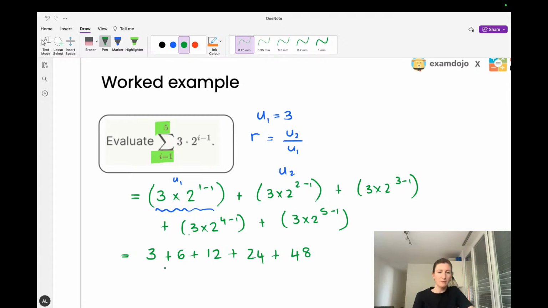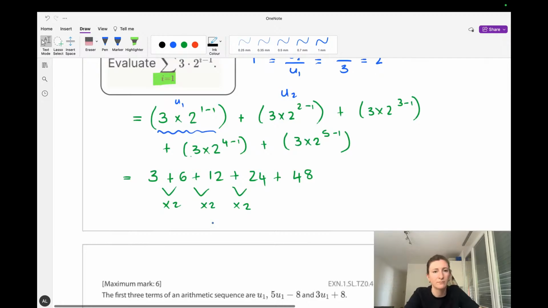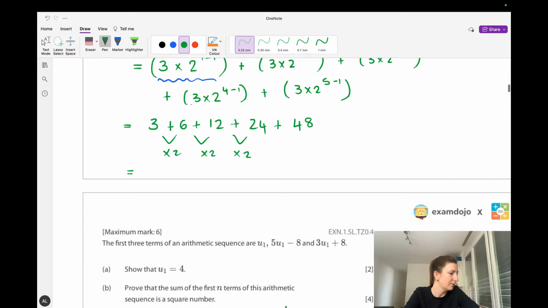So each time we're multiplying by 2. So we can see that there, but let's stick with this because sometimes it's not as easy to see. u2 divided by u1 is 6 divided by 3, which is 2, indeed. So that's a useful fact. And then we add it all up. I'm not going to do it now just because it's an unnecessary step, but imagine that you would add it all up.